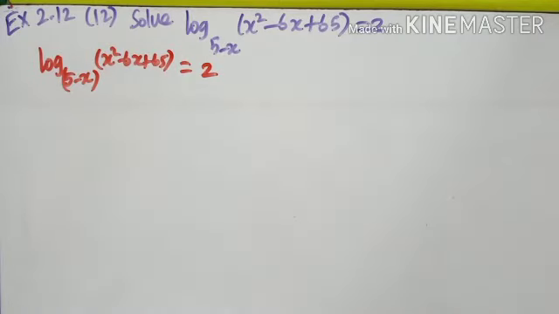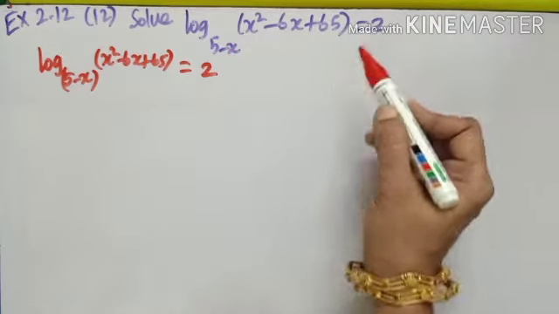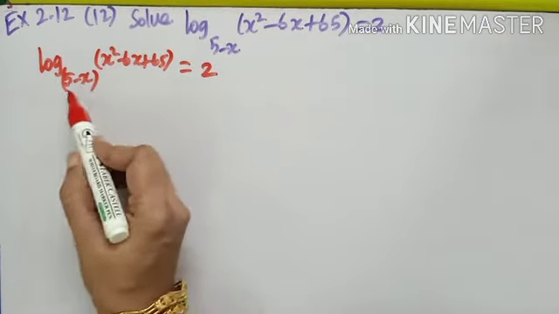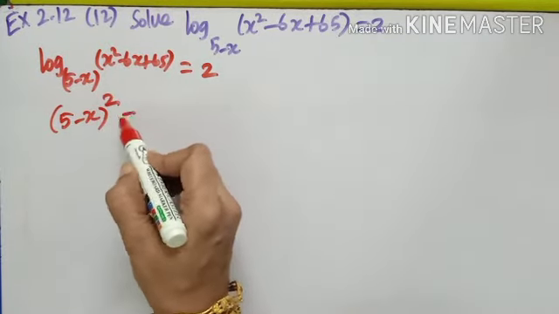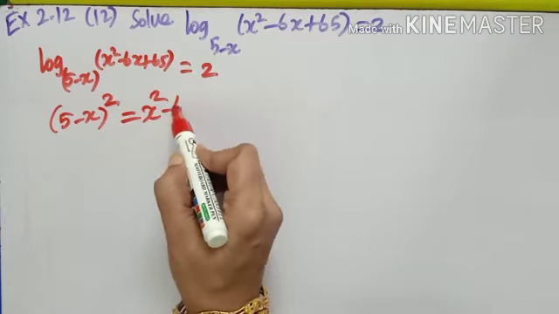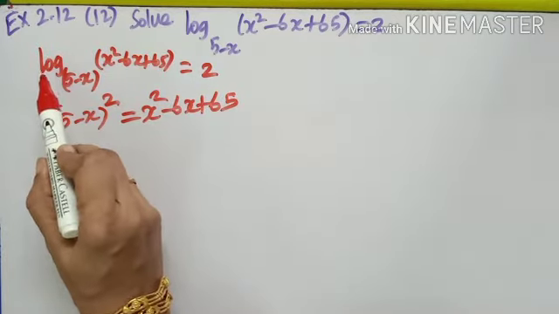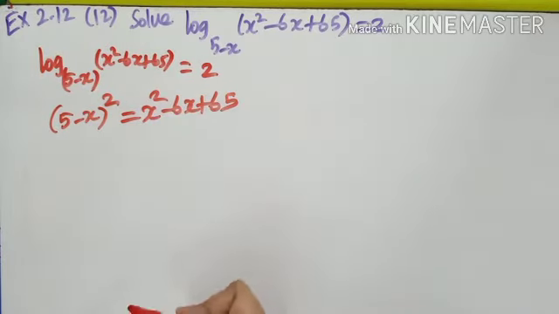Question number 12. Solve log of x square minus 6x plus 65 base 5 minus x equals 2. From here, I can write 5 minus x the whole square equals x square minus 6x plus 65. Whenever we are given log, base, power, RHS equals this answer.